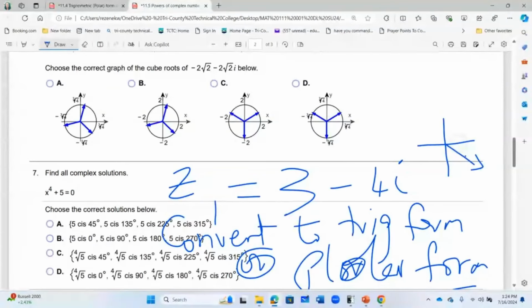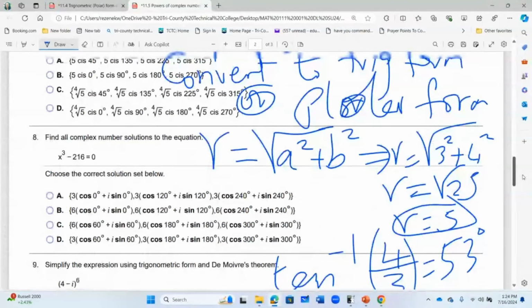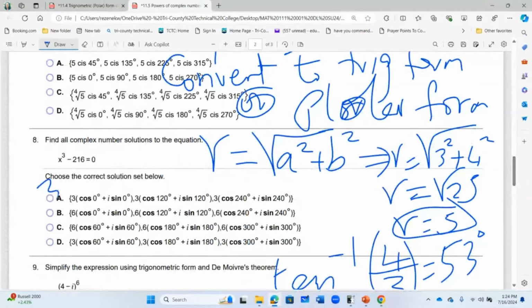The angle in the counterclockwise direction is 360 minus 53, which is the angle in question in the positive direction, and that angle is 307 degrees.